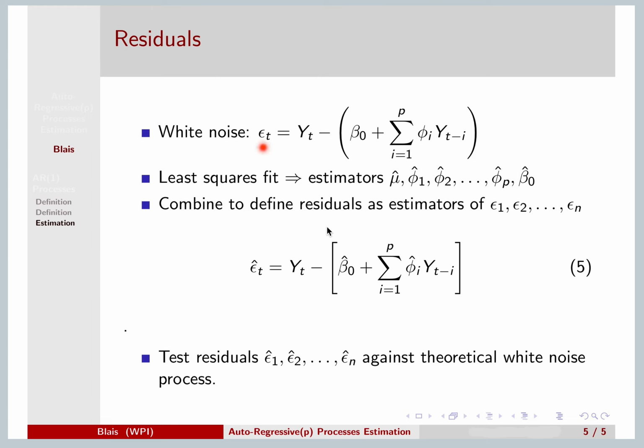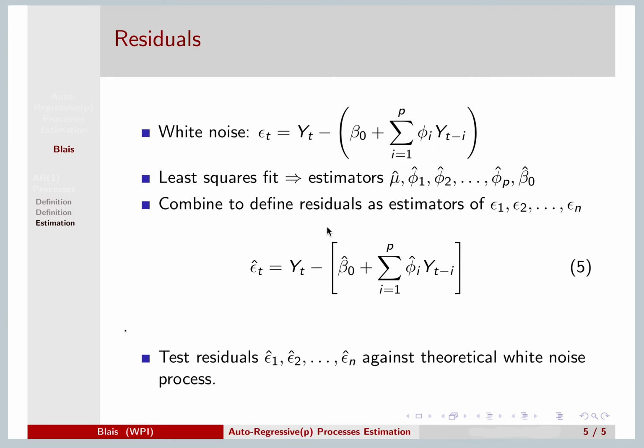So take your white noise. This is what it is theoretically, when you just take the ARP defining equation and solve for epsilon t. When we replace the parameters with their estimator partners, beta naught with beta naught hat, phi i with phi i hat, what you now have are realized values of the epsilon t's as a result of the minimization of the least squares function, which we call residuals.